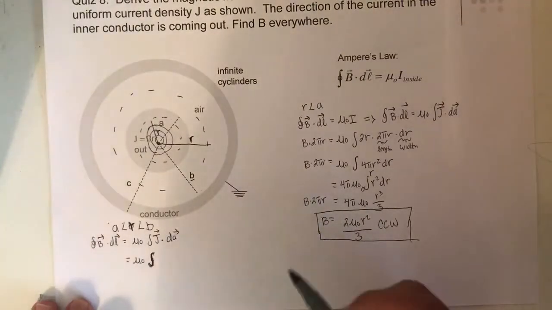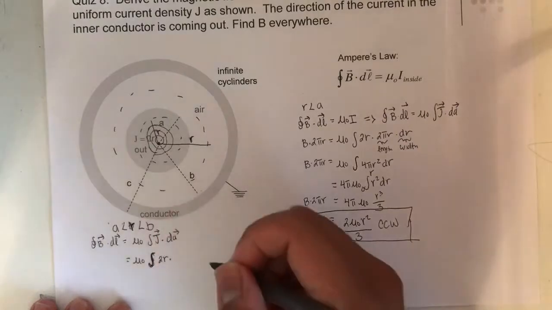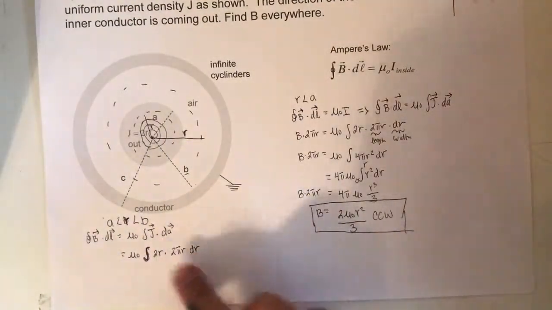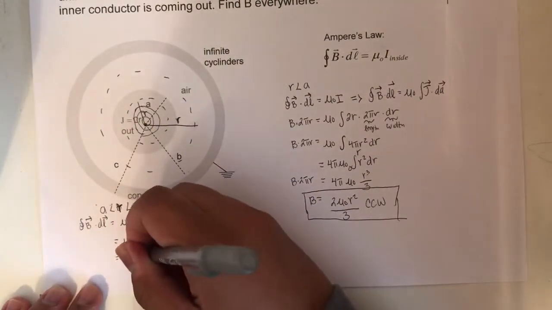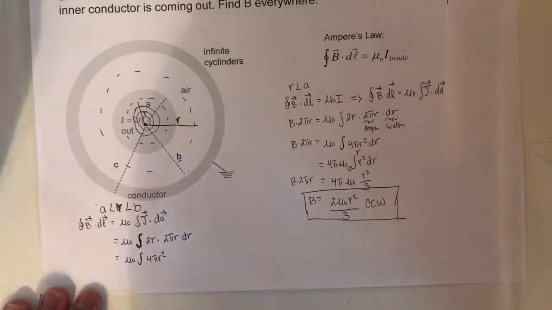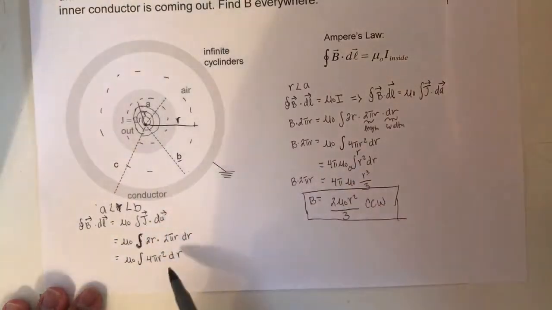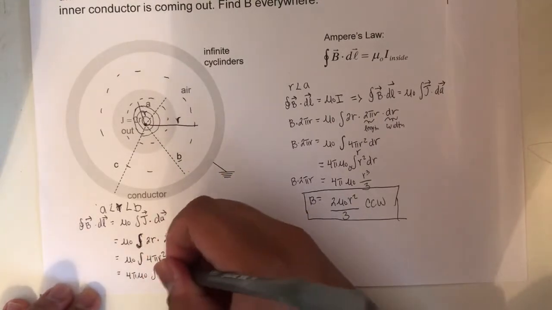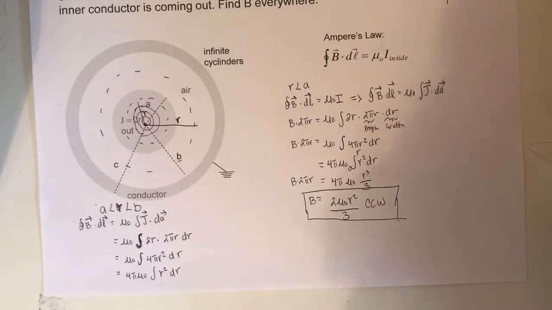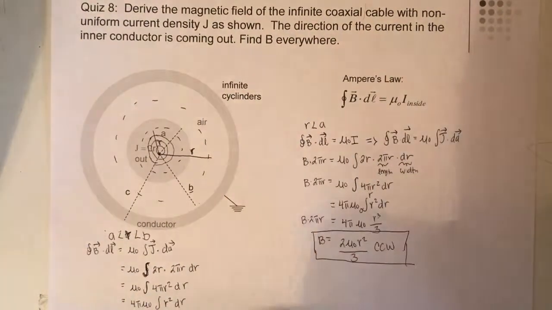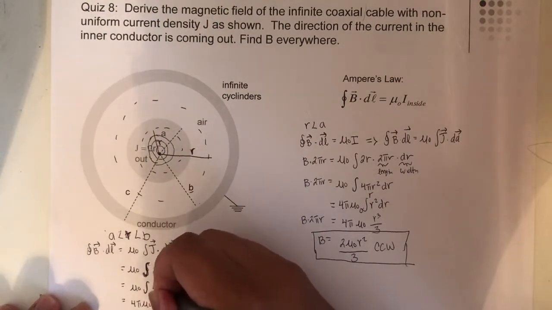We know that J is equal to 2r, and again, the cross-sectional area is 2 pi r dr. Multiplying that out, we get mu naught integral of 4 pi r squared dr. We bring the 4 pi to the left side, since that is a constant: 4 pi mu naught integral of r squared dr. For this Amperian loop, we'll be integrating from 0 to a, because b is in the region of air. So our integration is from 0 to a.